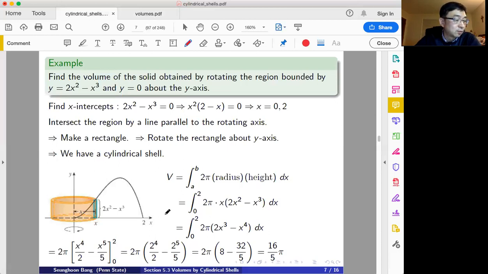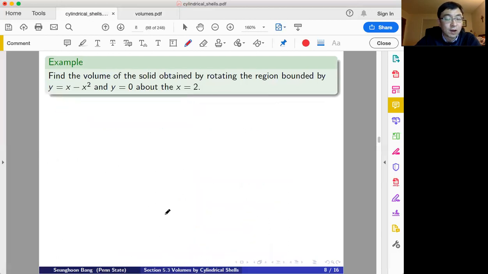So next one. Find the volume of the solid obtained by rotating the region bounded by y equals x minus x squared and y equals 0 about x equals 2. So how can you solve this problem? Here, you can draw x minus x squared first.